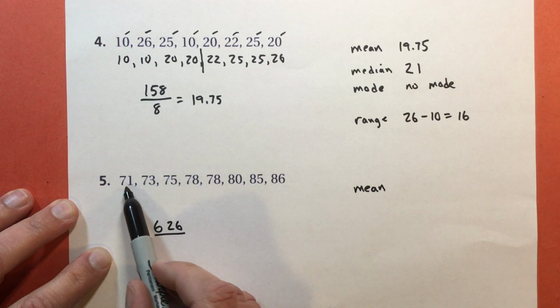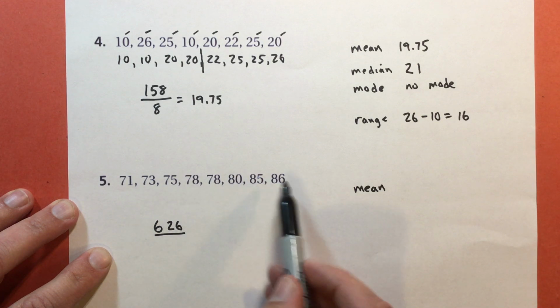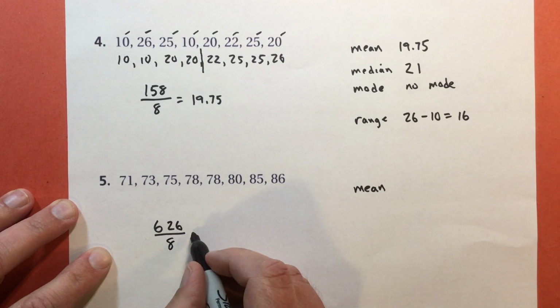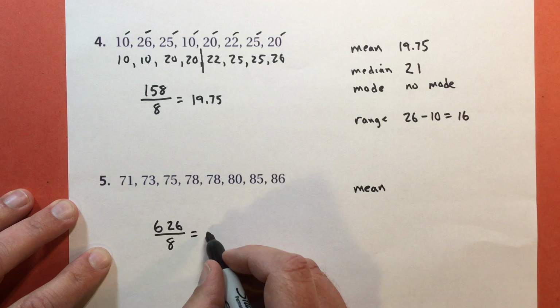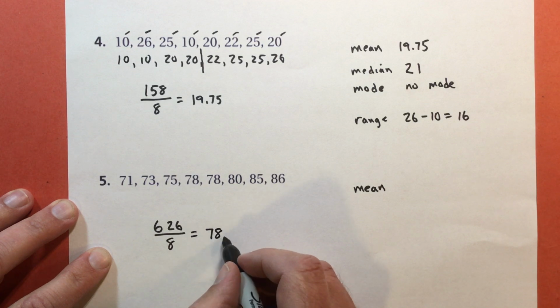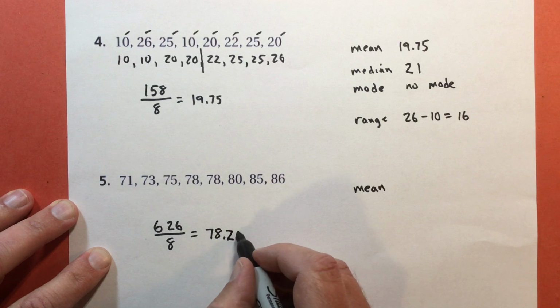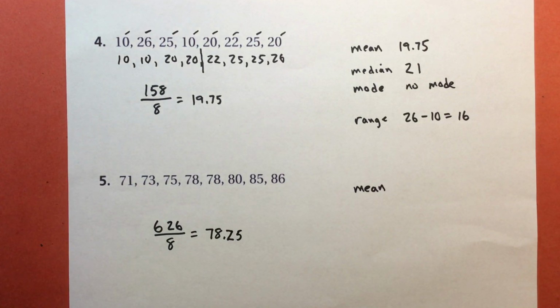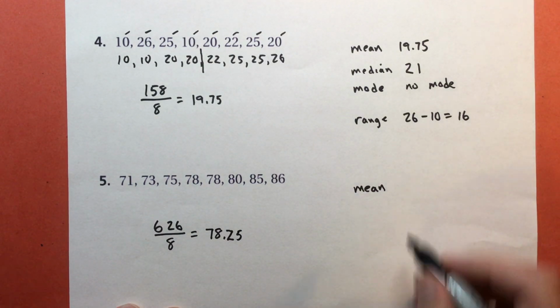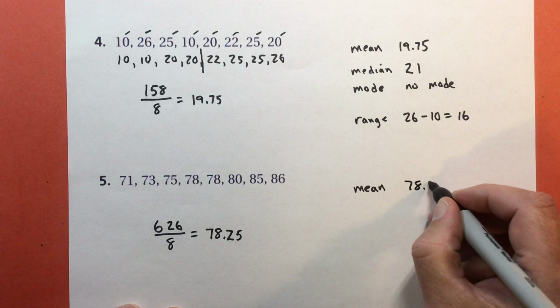How many numbers do I got? 1, 2, 3, 4, 5, 6, 7, 8. And 626 divided by 8, if I did this right, it's 78.25, I believe. I'm looking at my notes I wrote to prepare for it, and I couldn't tell if it was a 2 or a 7. So my mean is going to be 78.25.